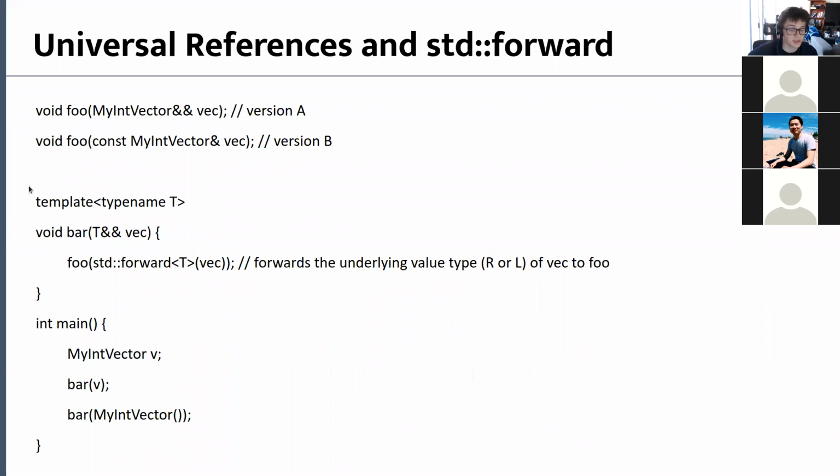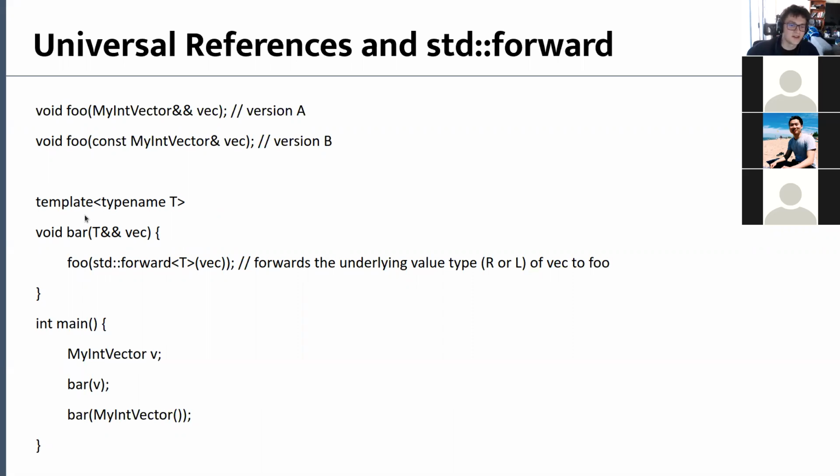It is templated, and the type of the parameter is T ampersand ampersand. And this is controversially, or maybe not controversially, called a universal reference as opposed to an R value reference in this context.